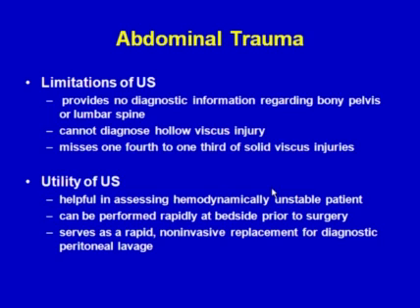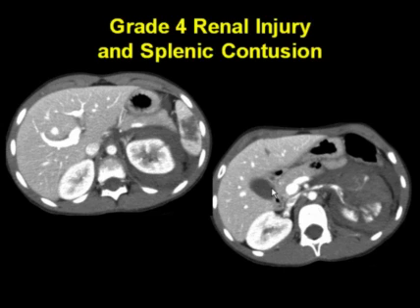On the upside, ultrasound can be very helpful in assessing a hemodynamically unstable patient. It can be performed rapidly at the bedside prior to surgery and serves as a rapid, non-invasive replacement for diagnostic peritoneal lavage.